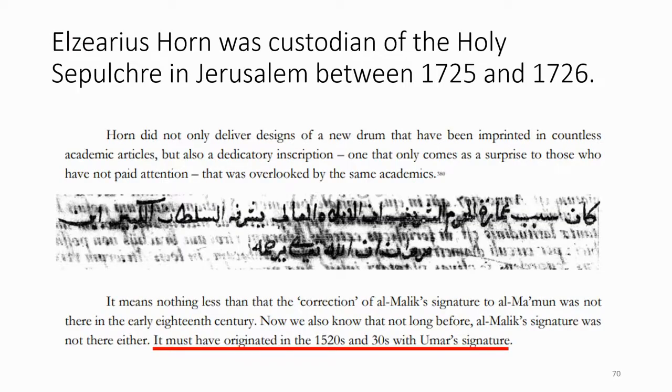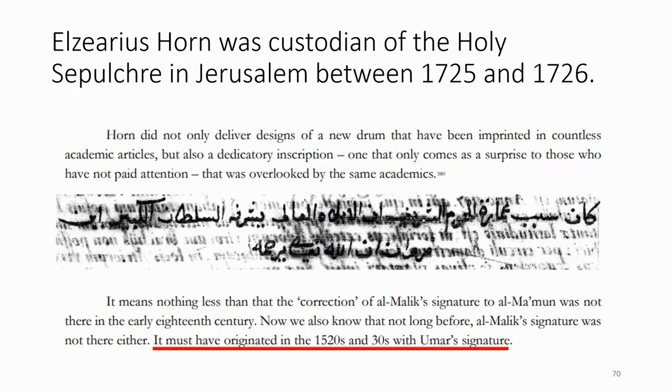Horn was custodian of the Holy Sepulchre, as we saw, between 1725 and 1726. He did not only deliver designs of a new drum that have been imprinted in countless academic articles, but also a dedicatory inscription, one that only comes as a surprise to those who have not paid attention, that was overlooked by the same academics.